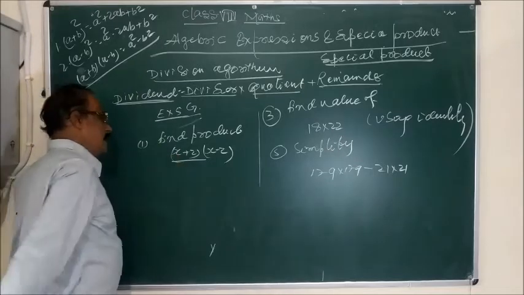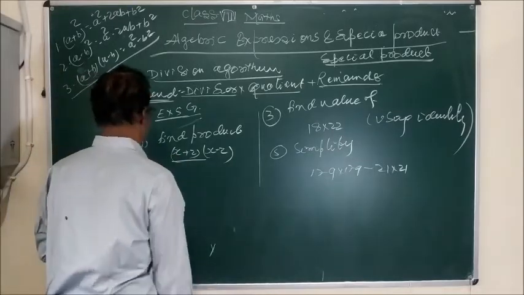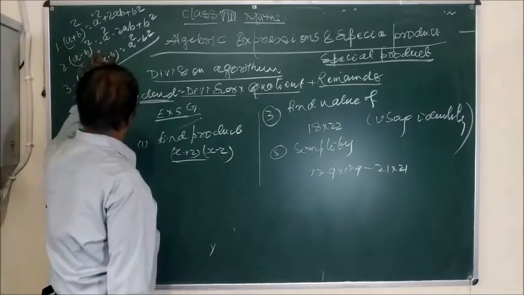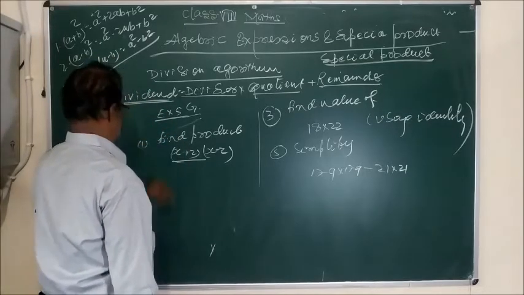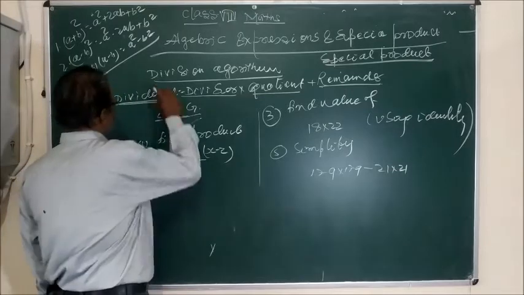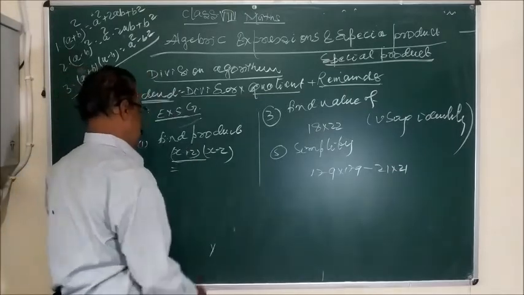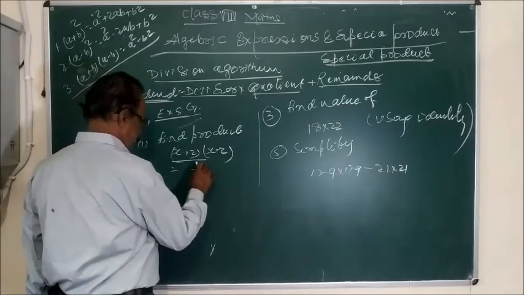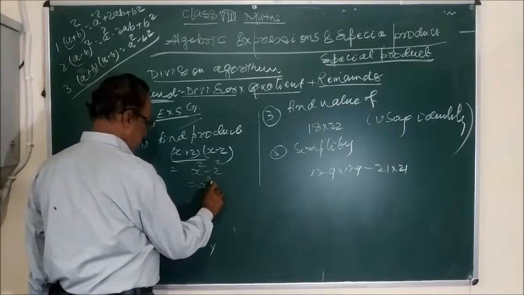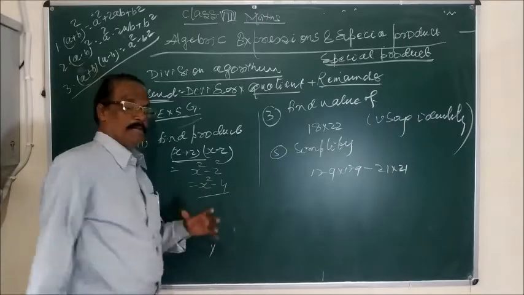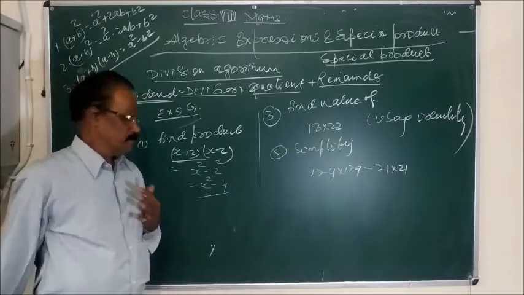Here a is x and b is 2. So if you compare these two, these are exactly in this form, (a plus b)(a minus b). And using this formula, a square minus b square, you can write x square minus 2 square. And this will be x square minus 4. This is the product of this given question.